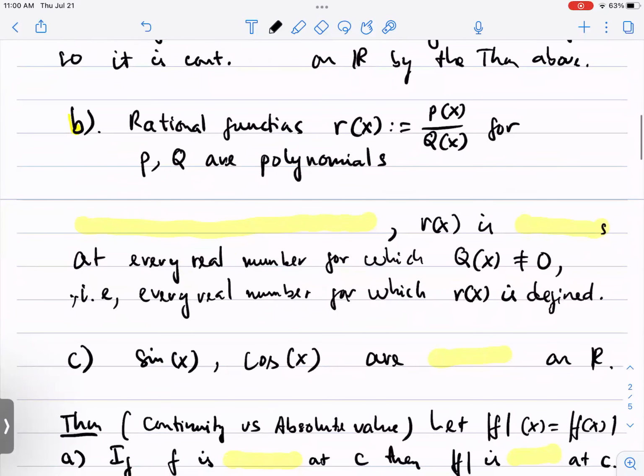Now we consider a rational function f of x equal to p of x divided by q of x for p, q polynomials.